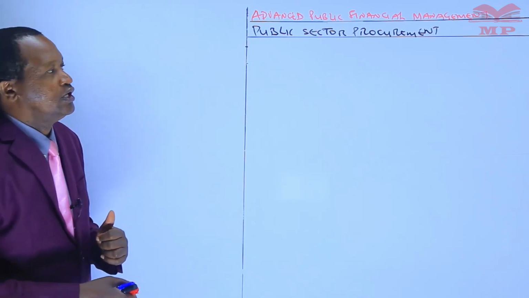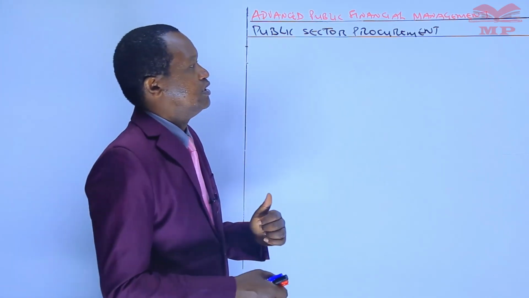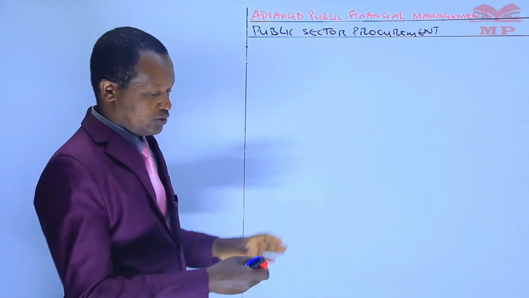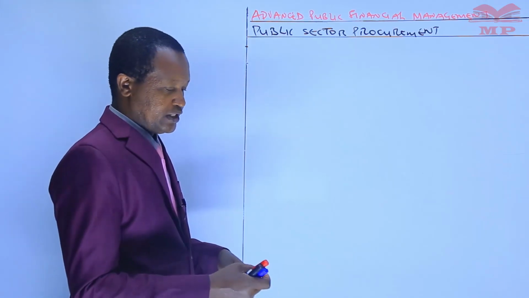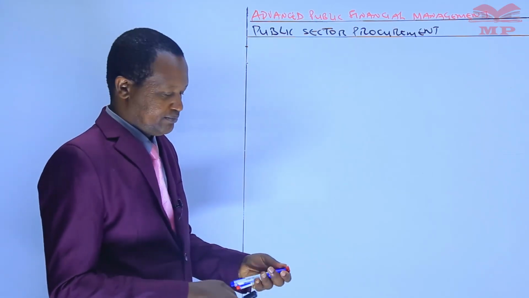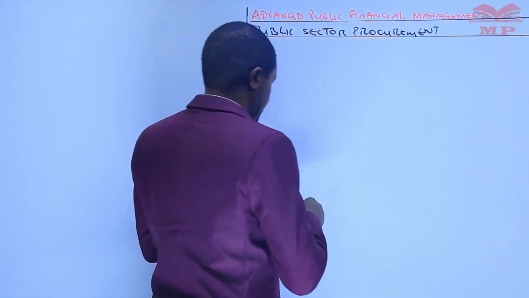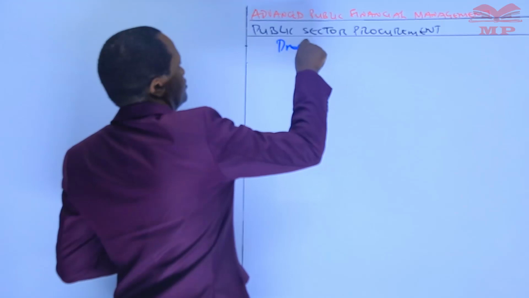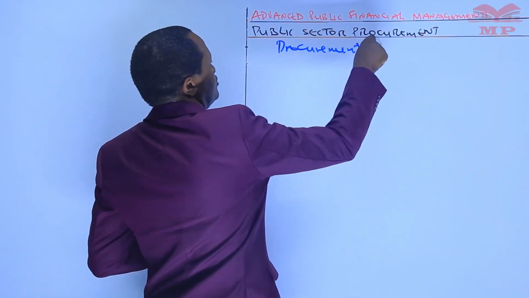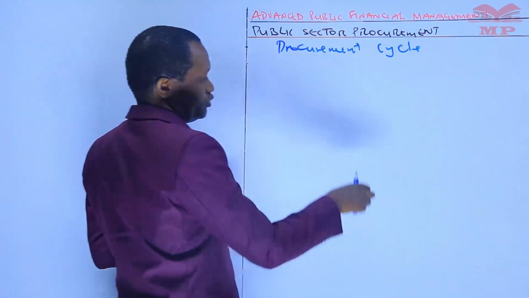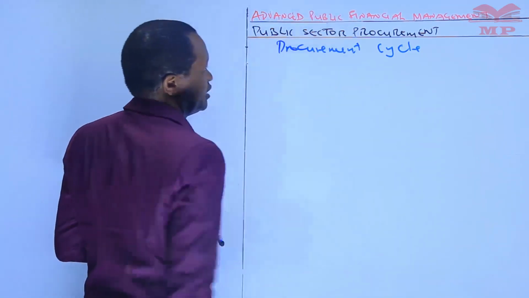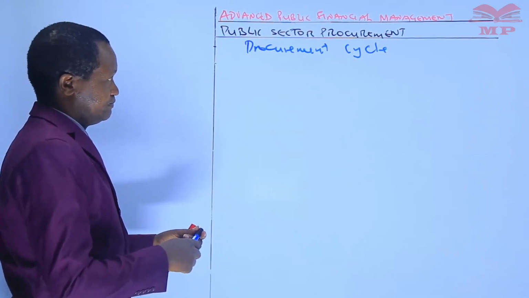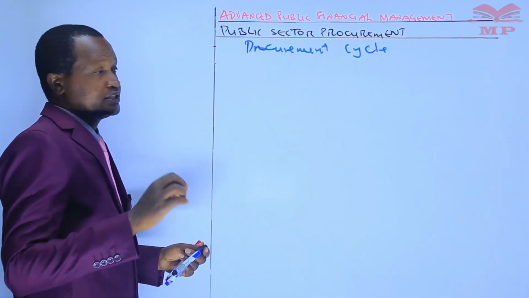So I'm going to illustrate the procurement cycle by use of a diagram. I'm going to describe one here using a diagram, the steps that I've mentioned. And these are 10 steps.